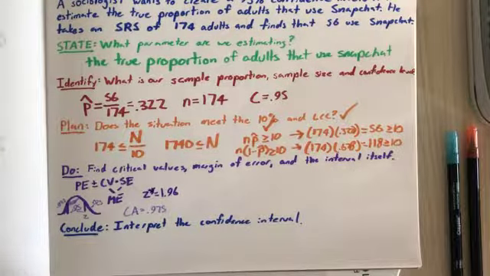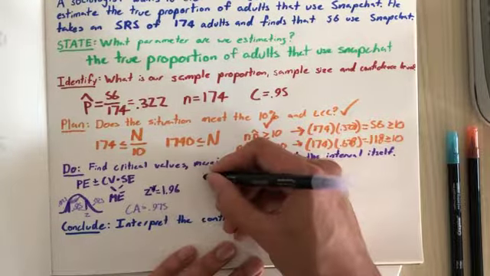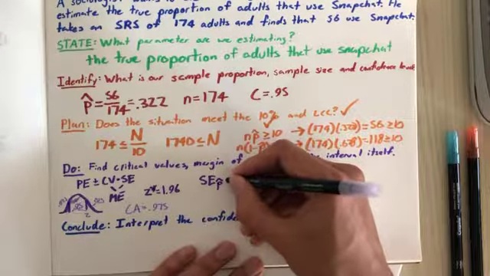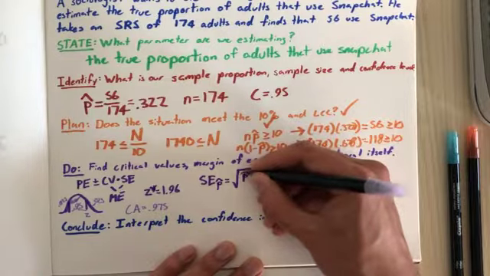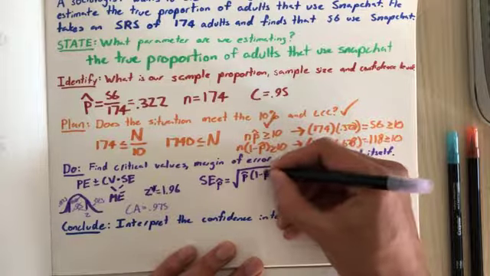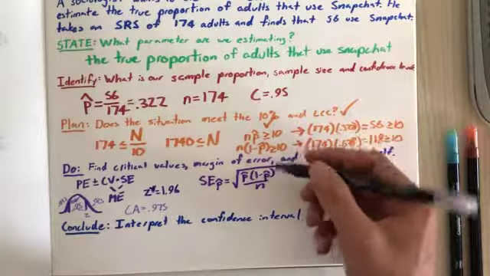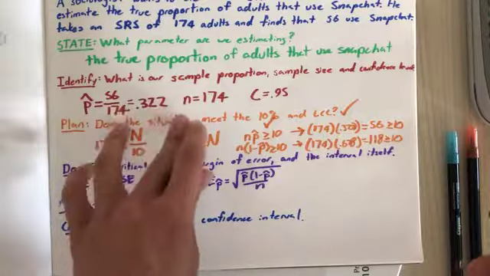So the last thing we have to calculate is our standard error. Our standard error for proportions looks like this. It's similar to what we did last chapter. Our standard error for proportions is just going to be the square root of p hat times 1 minus p hat over n. The only variables in here are p hat and n, which we already found up here.